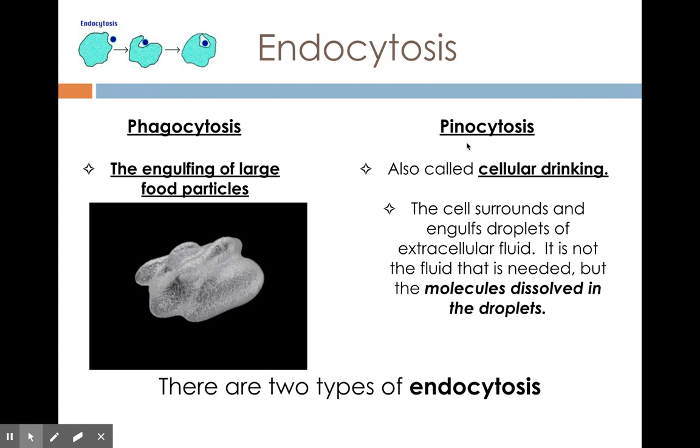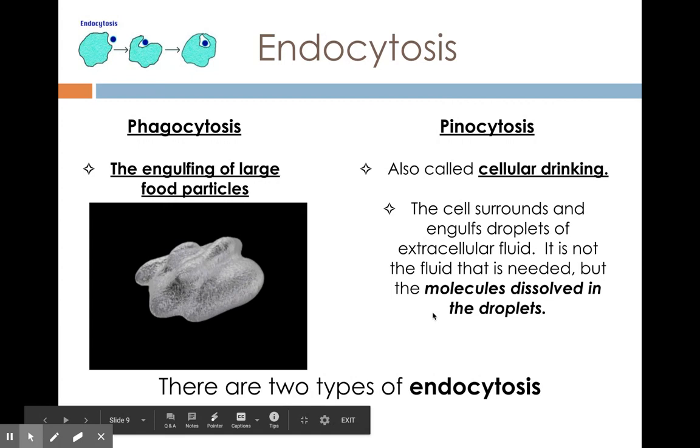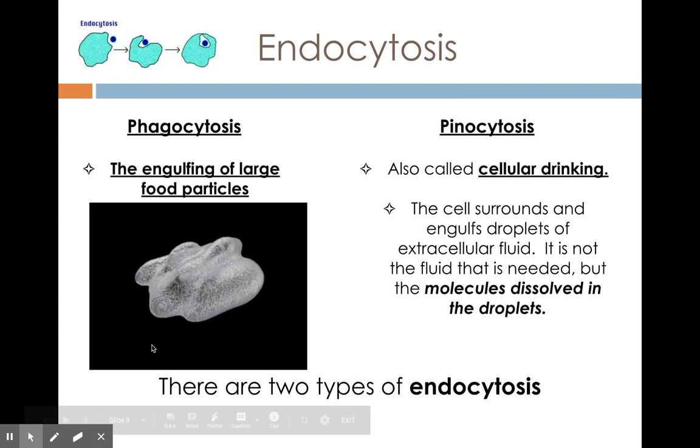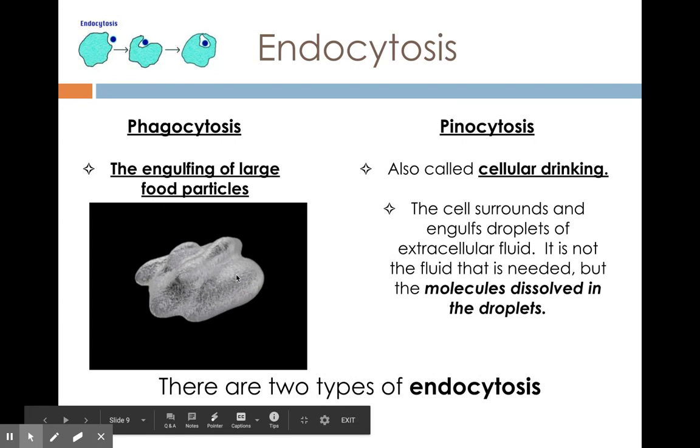This is cellular drinking, and essentially it is fluid. It's extracellular fluid. It's not fluid that's needed, but the molecules will be dissolved in the droplets. So pinocytosis is water or fluid, and phagocytosis is food or other large molecules.